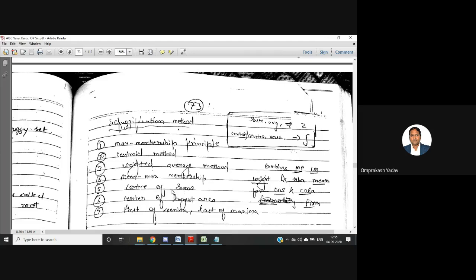Cos is center of sums. Cola is center of largest area, and FIR is first of maxima, last of maxima. Combine MP CM weight and take mean for cos and cola firm.